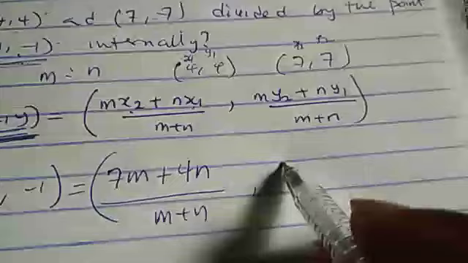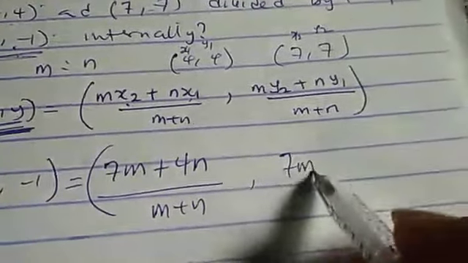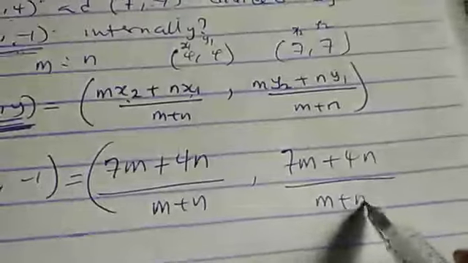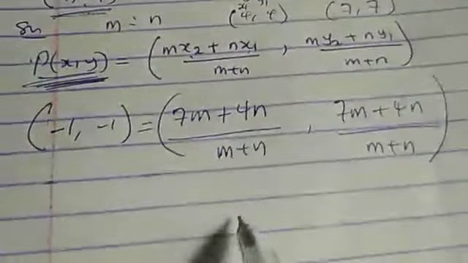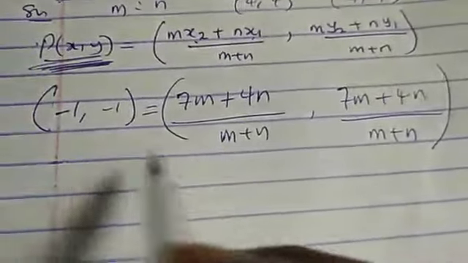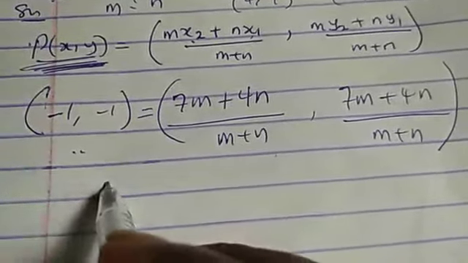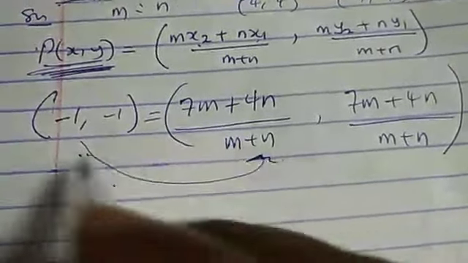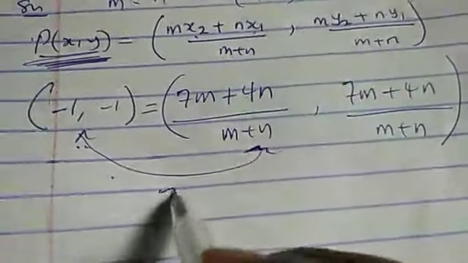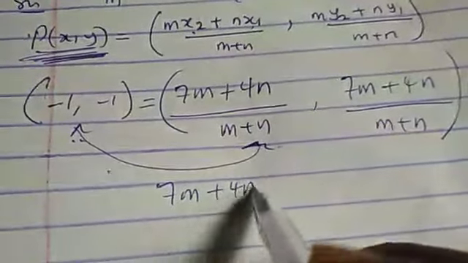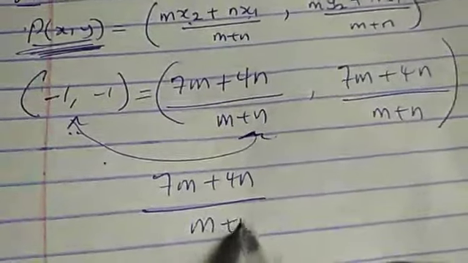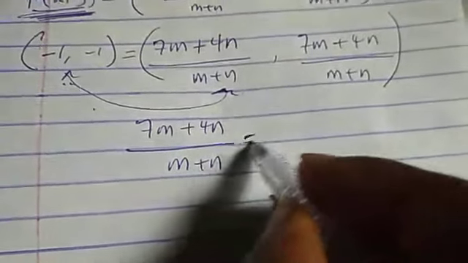So the same thing, we have 7m plus 4n over m plus n. So from that place, you observe that they are the same thing. So in that case, I can relate these together. I can say that 7m plus 4n over m plus n is equal to minus 1.